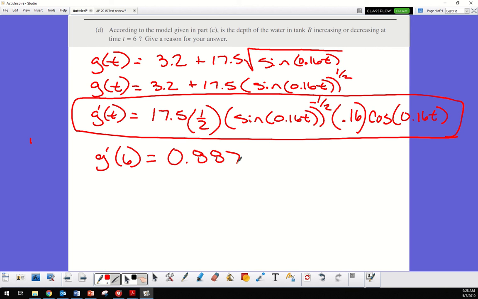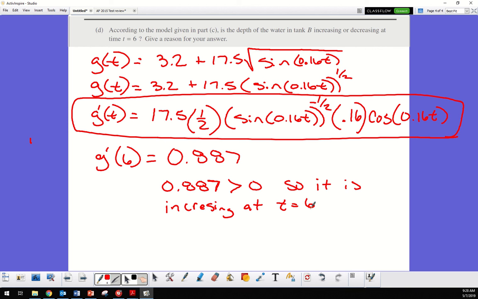And so I could say that 0.887 is greater than 0, so it is increasing. There you go.